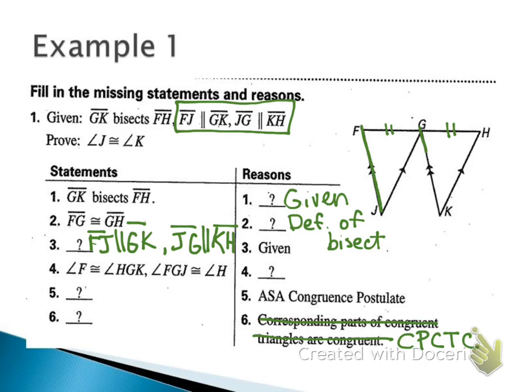So let me trace the ones that are parallel. The ones that I'm tracing in green are parallel to one another. The ones that I'm tracing in red are parallel to one another. Alright, then they tell us that angle F, that's this guy right here, is congruent to HGK. Okay, so those 2 match up.